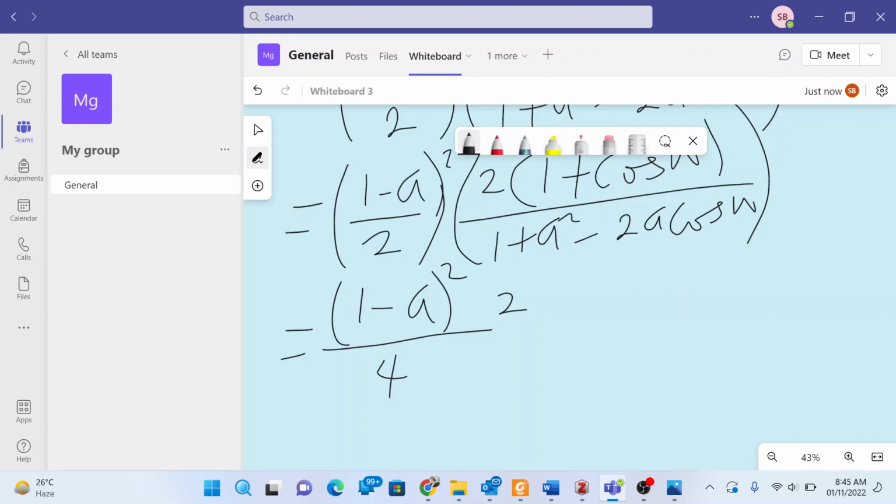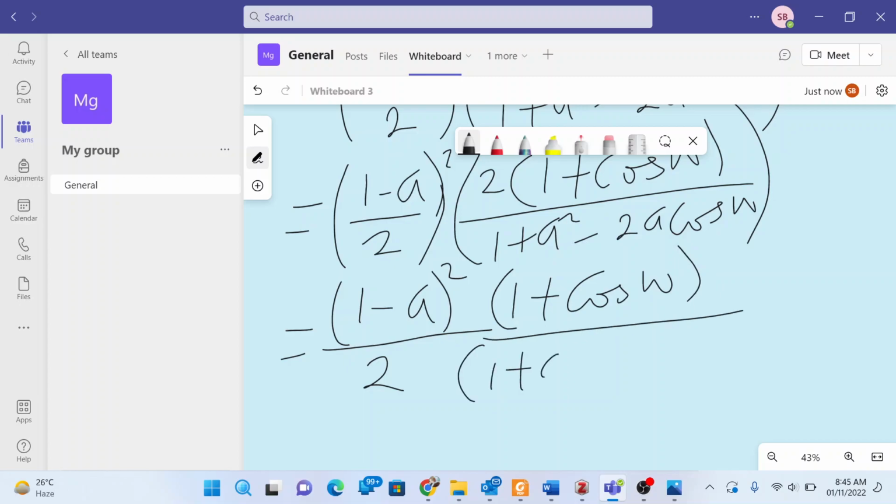So when these two cancel that 4, you are going to be left with 2 at the denominator. So you have 2 here, and this is going to be 1 plus cos omega, and this is going to be 1 plus a squared minus 2a cos omega.